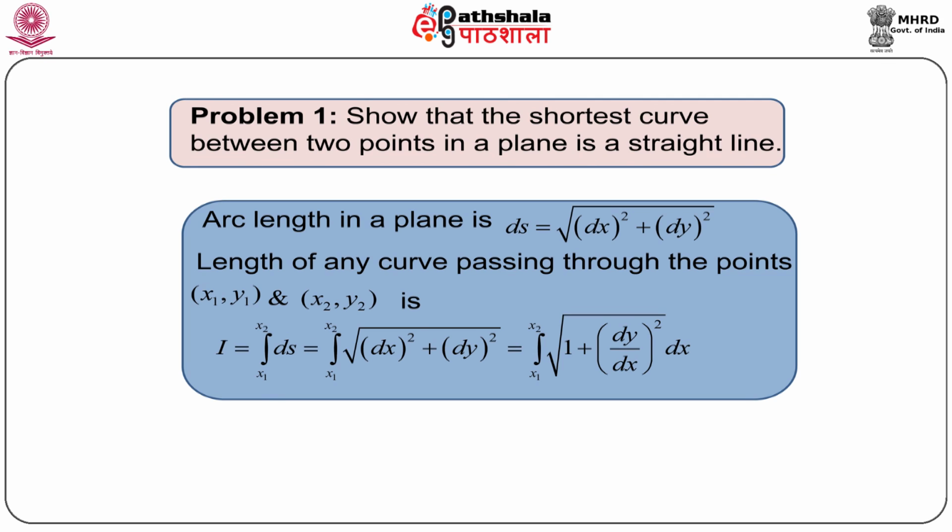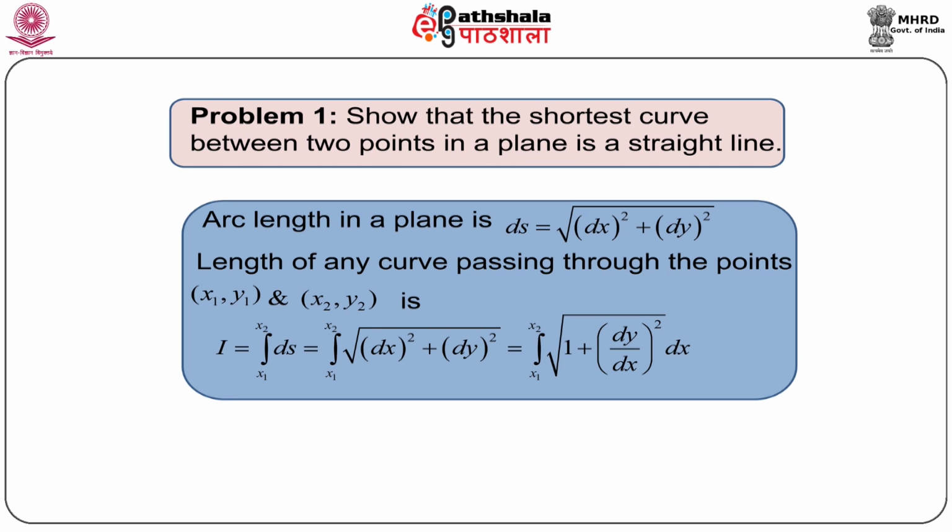Problem 1. Show that the shortest curve between 2 points in a plane is a straight line. The length of an arc in a plane is given by ds equal to square root of dx square plus dy square.